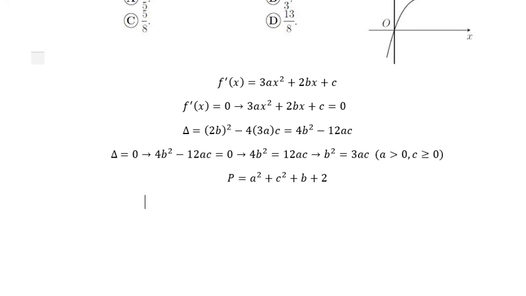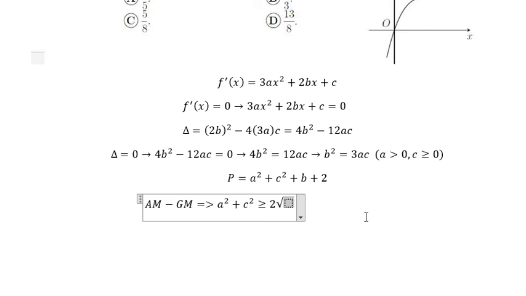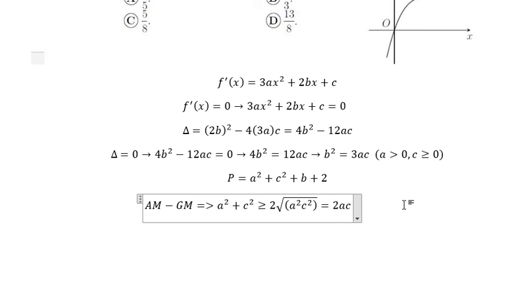We know that we can apply AM-GM, so we have a square plus c square is greater than or equal to number 2 multiplied with the square root of a square c square, and we get 2ac. Now we can put about b.